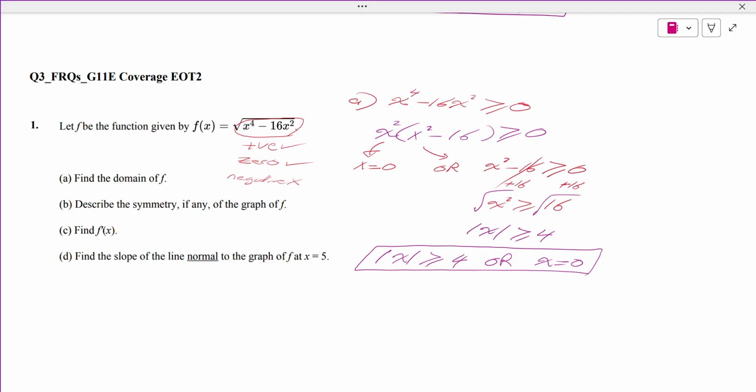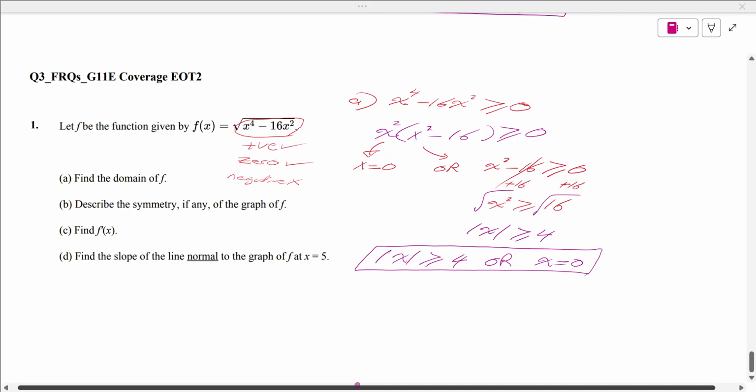So if you look at the answer key of this question, it will be exactly the same. The absolute value of x is greater than or equal to 4, or x is equal to 0, because all these x values will guarantee that the quantity under the square root is positive or 0, right? Try with 0: 0 to the power of 4 minus 16 times 0 will be 0, accepted.